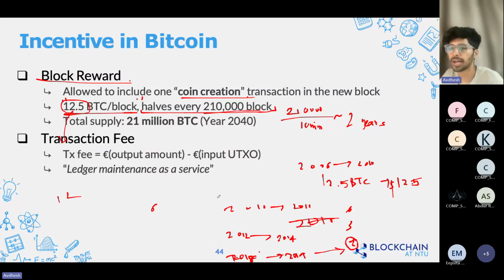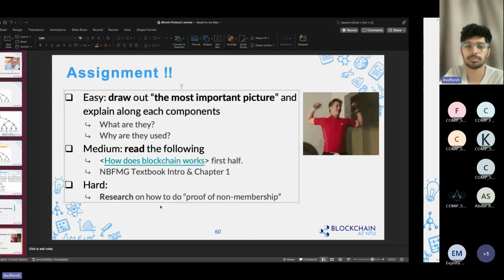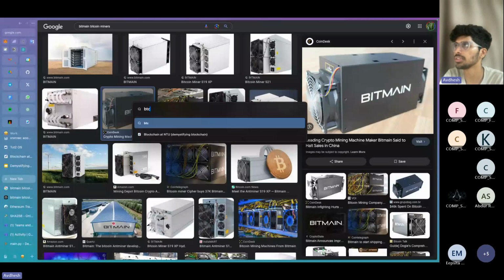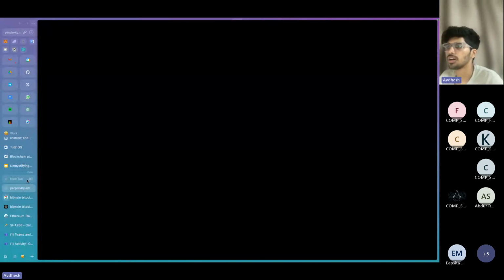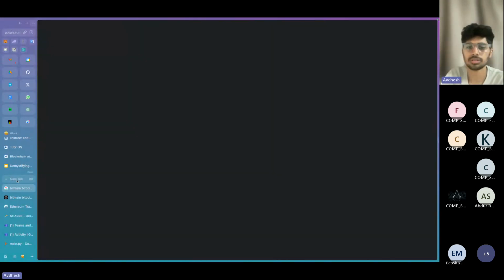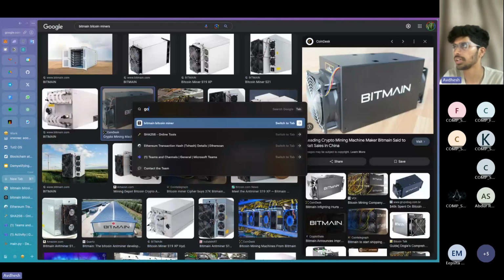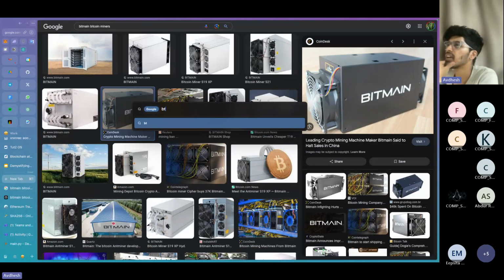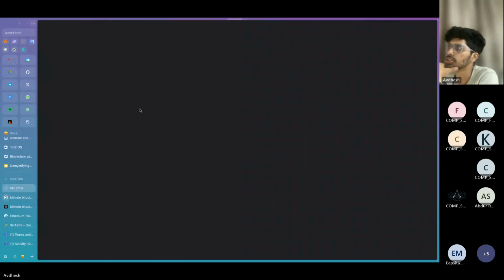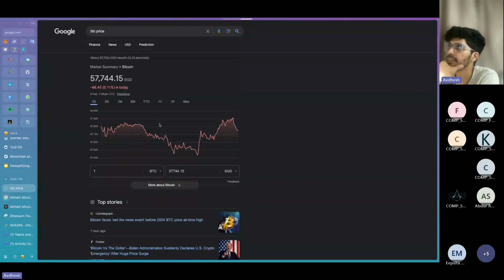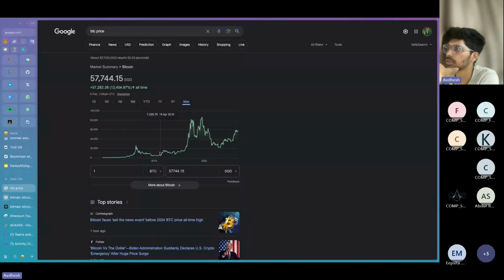But if you see the price, if you see the chart right now, 2017 was somewhere here. It was actually $11,000.